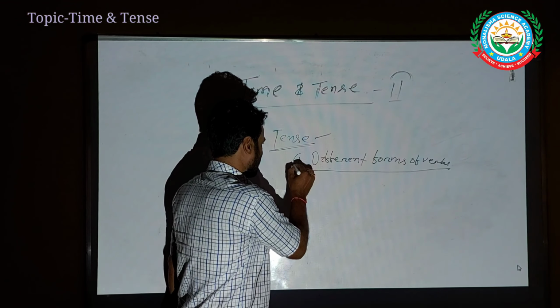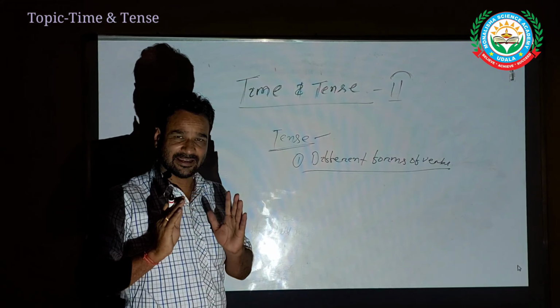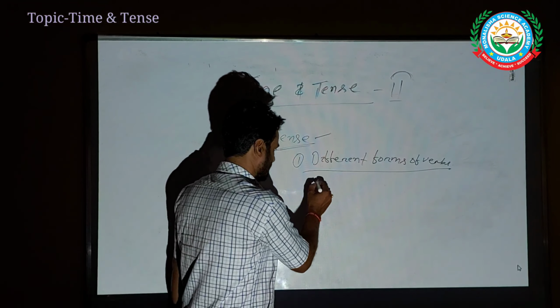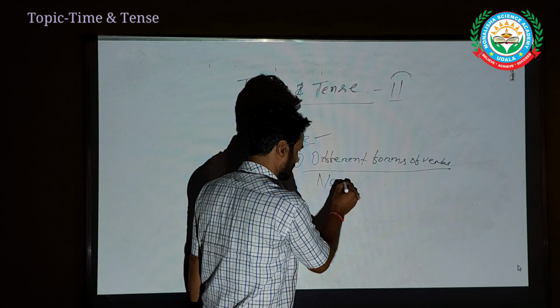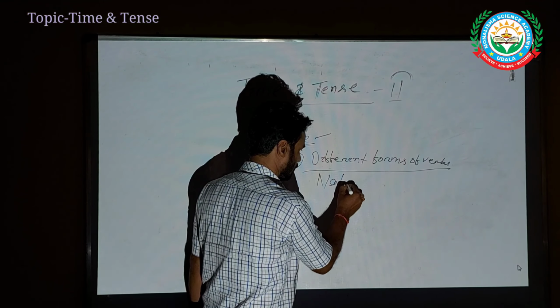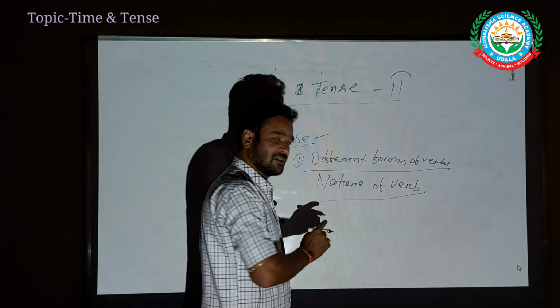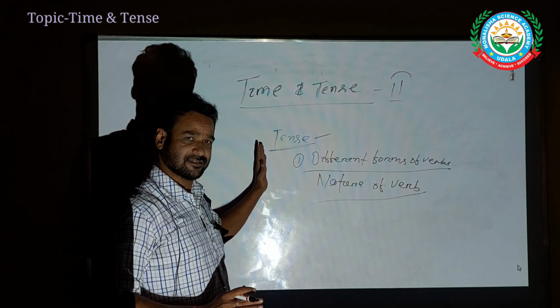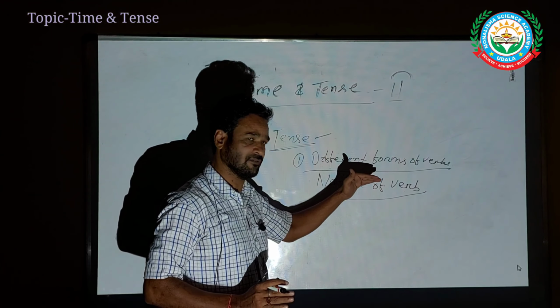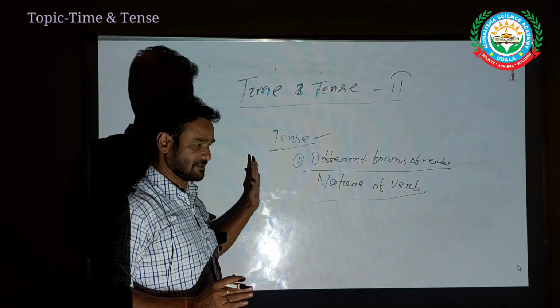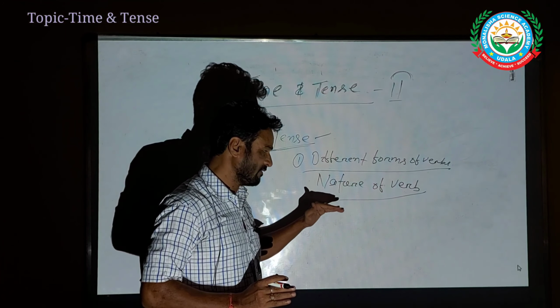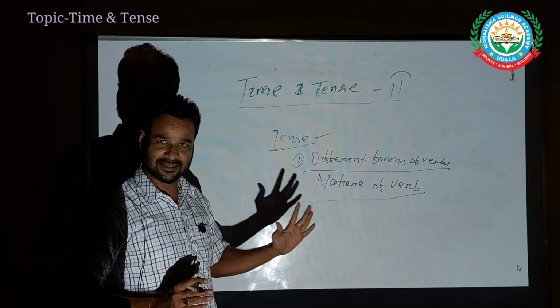Here also we can say the very nature, N-A-T-U-R-E, nature of verb. So nature of verb is also called tense. First thing, different forms of verb is called tense. Second, the nature of a verb is also called tense.